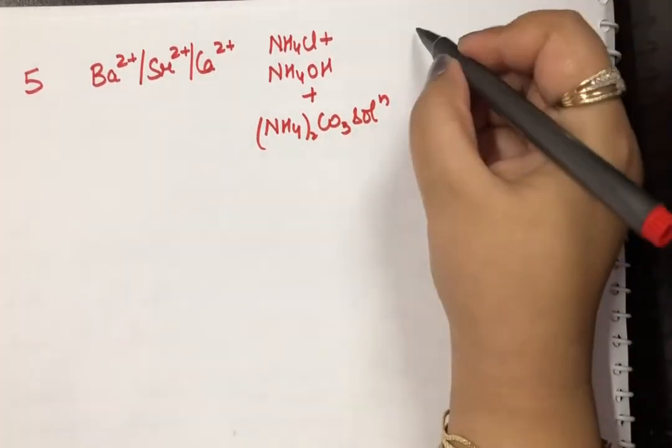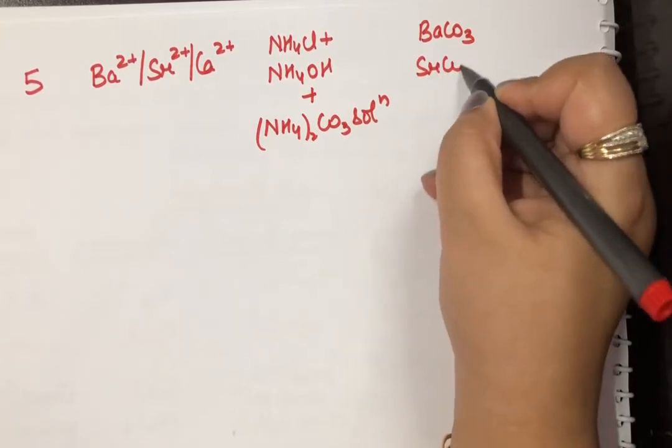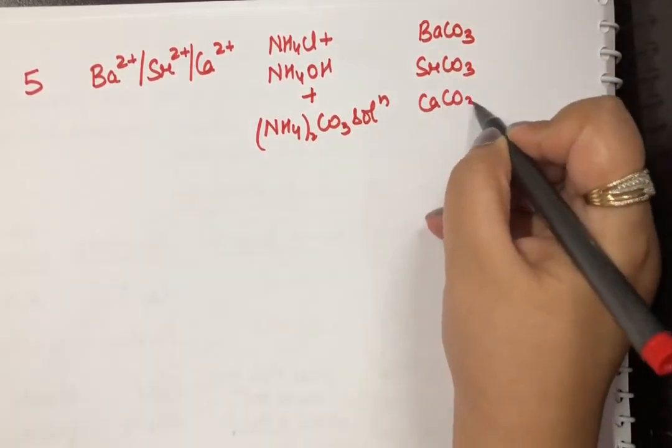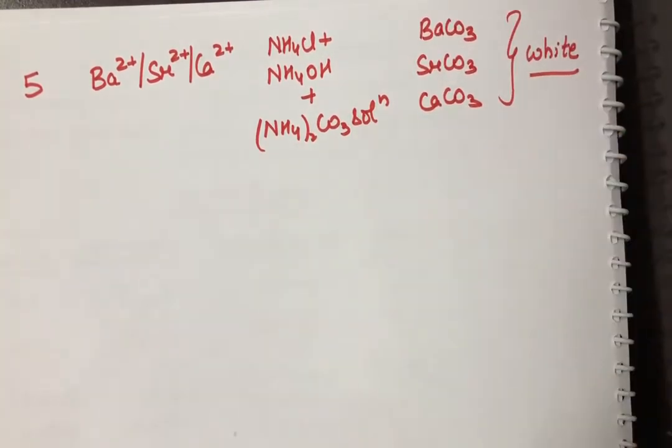Once you add this, you get precipitates of barium carbonate, strontium carbonate or calcium carbonate, and all three are white in color. So you cannot determine from the white precipitate which ion was there in your solution.